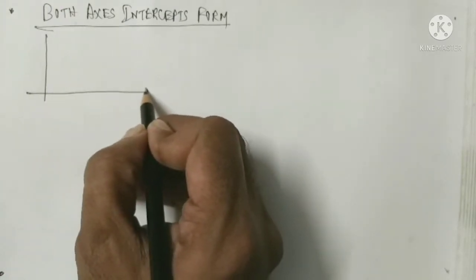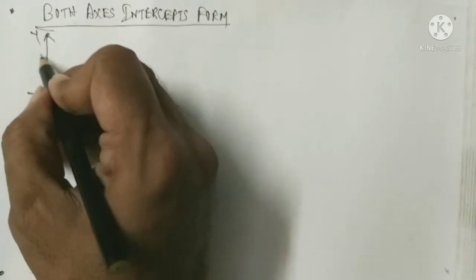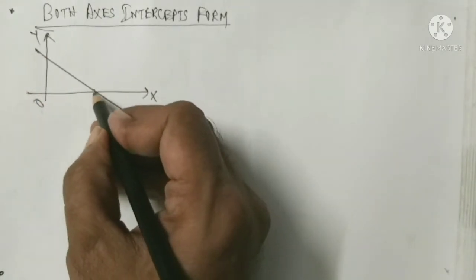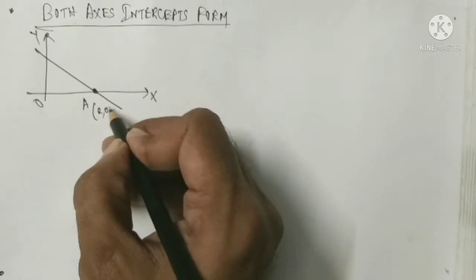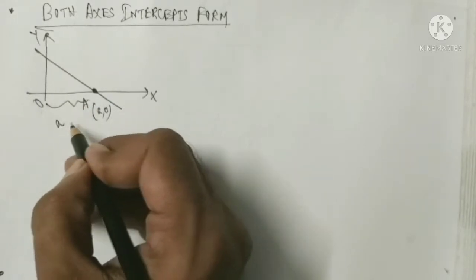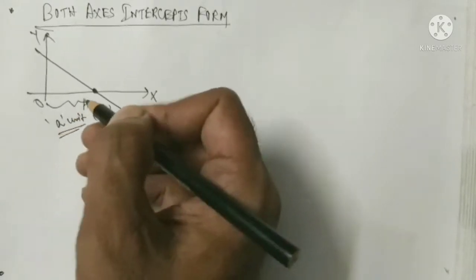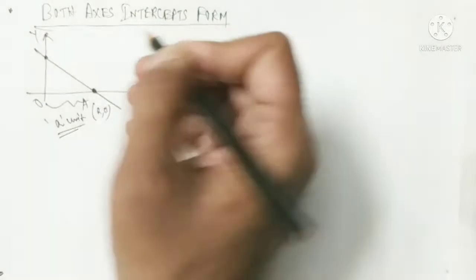Suppose this line cuts the x-axis and the y-axis. The intersection point is A, (a, 0), meaning the x-intercept is a units. It may be a centimeter, a millimeter, an inch, a foot, something like that.